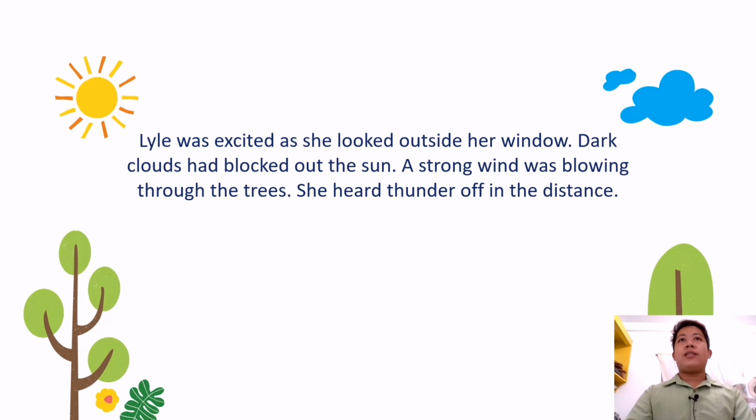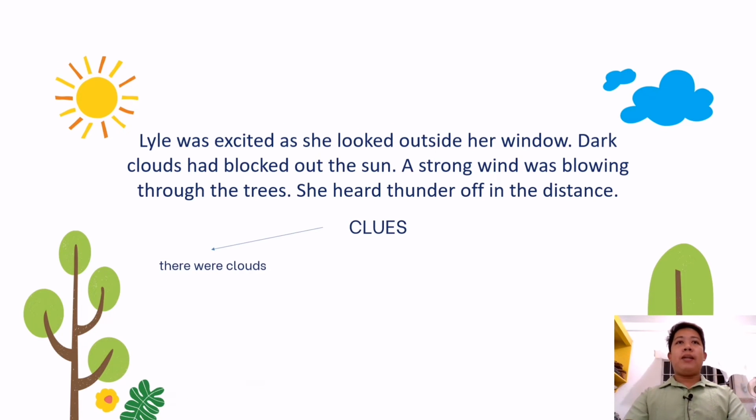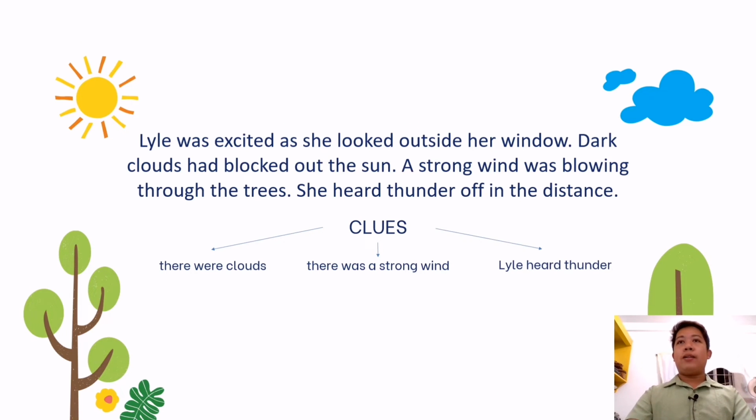Now, let's look at the clues or what the author directly told us. First, we have there were clouds. Second clue, there was a strong wind. And last, Lyle heard thunder.